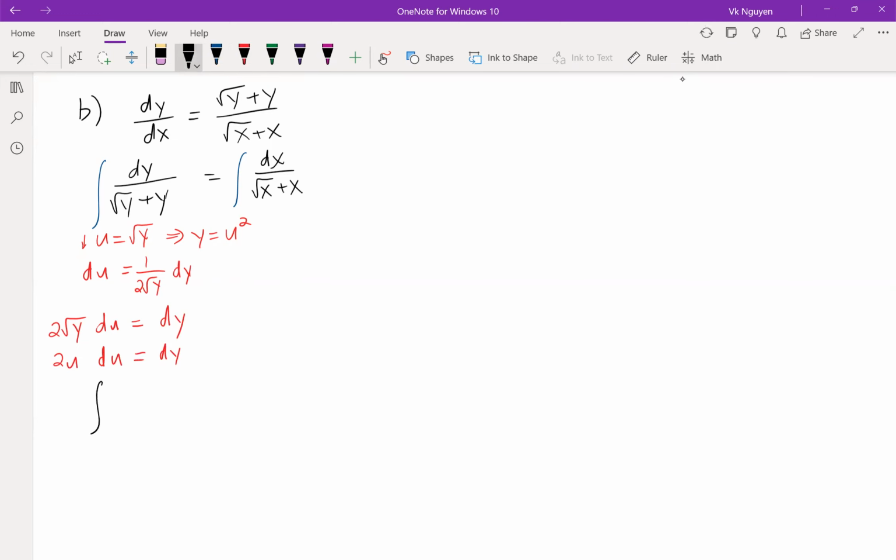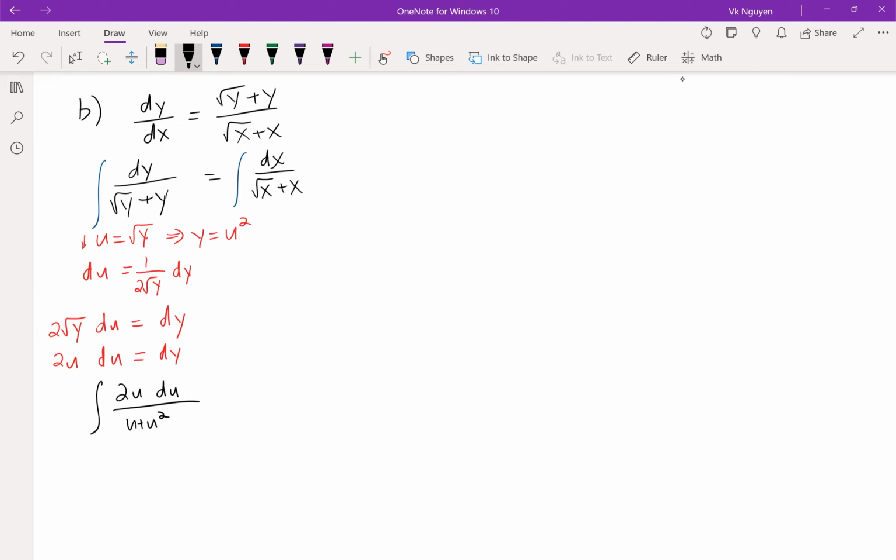Now we have the integral of 2u du over u plus u squared. And this one, we can factor a u and simplify.